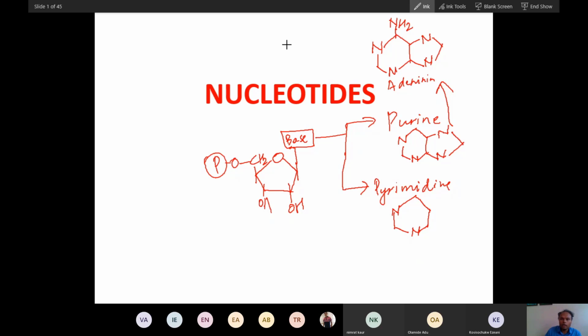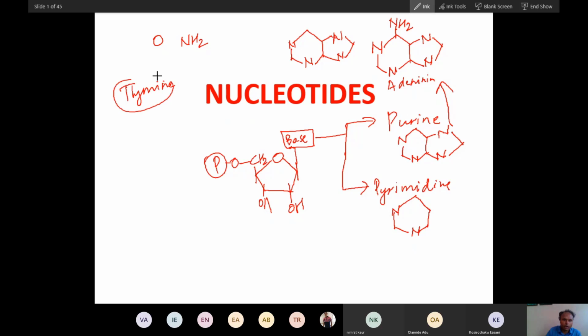Now the other is guanine, that is present both in RNA and DNA. How do you write guanine? Just draw the structure of this purine and then you add a group here and here. Whenever you add a group, there is only either an oxo group or NH2 group, and only one base has a methyl group, that is thymine.